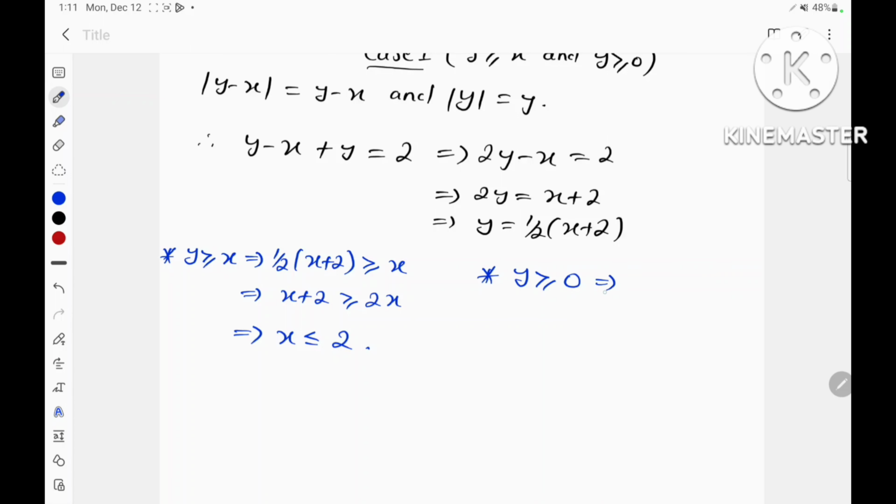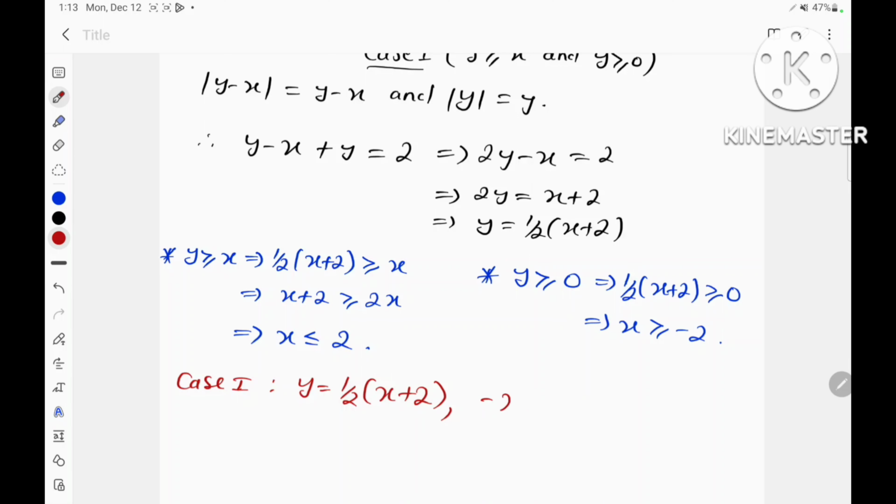And so this implies that half into x plus 2 is greater than or equal to 0, and that x is greater than or equal to negative 2. And therefore, from case 1, we can see that y is equal to half into x plus 2. And this holds for negative 2 less than or equal to x, which is less than or equal to 2.